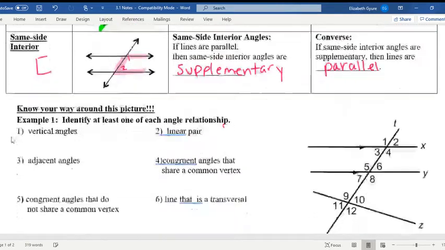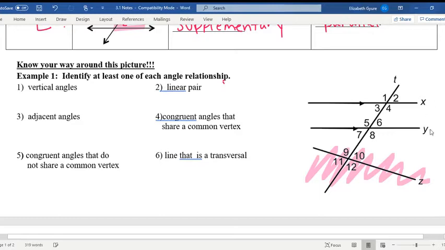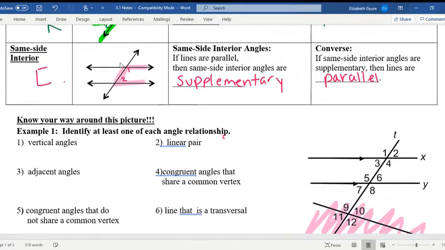Pictures like this are going to be very common in this chapter. That's why it says know your way around this picture. I wish I could physically cover things up for you guys and talk about them. But if you just ignore this part down here and just look at lines X, Y, and T, doesn't that look like the pictures in our examples here?